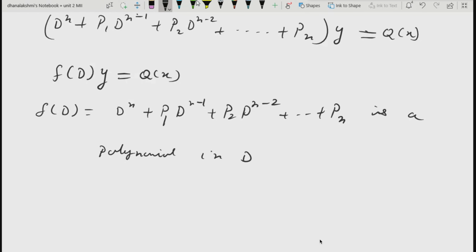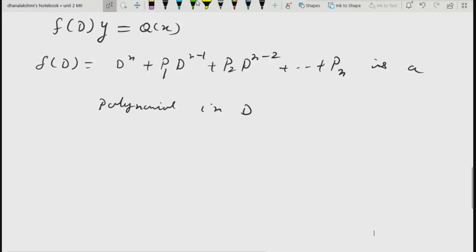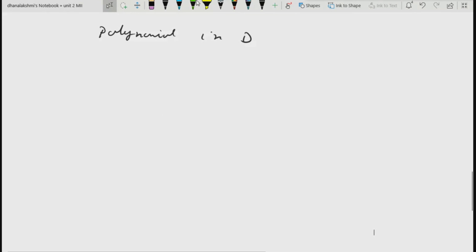How to solve in that case? First we will assume RHS to be 0 and we will find the general solution when RHS is 0. And one more thing, if RHS is 0, it will be a homogeneous linear differential equation with constant coefficients.